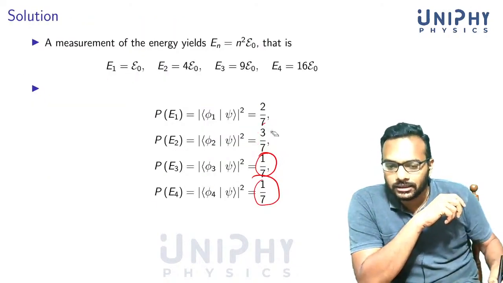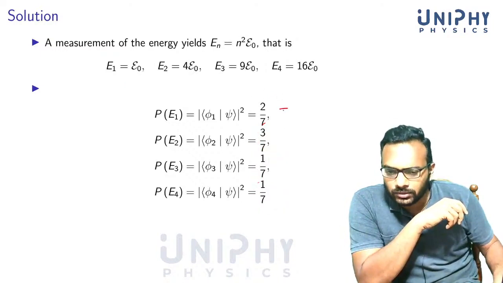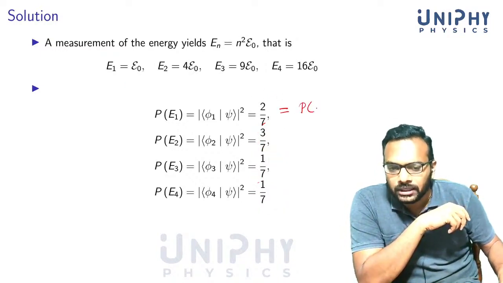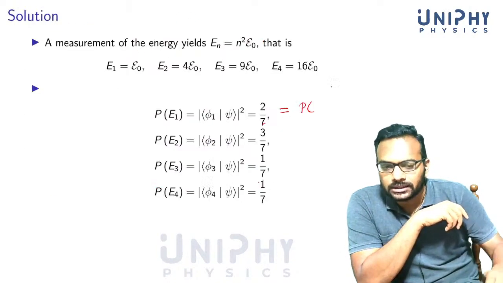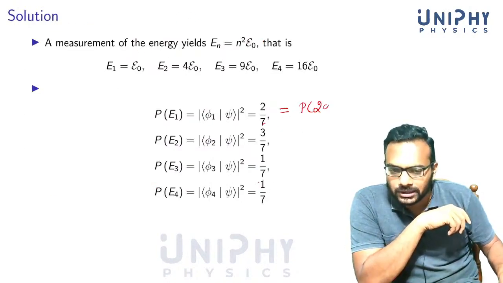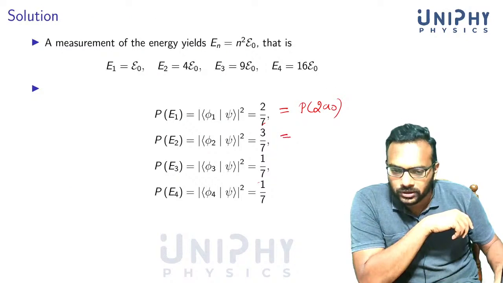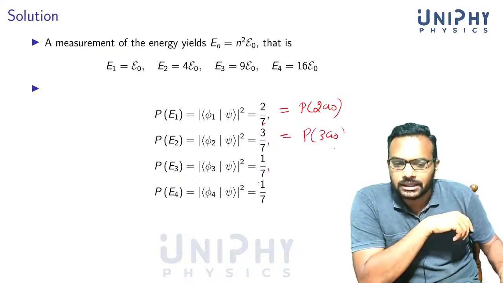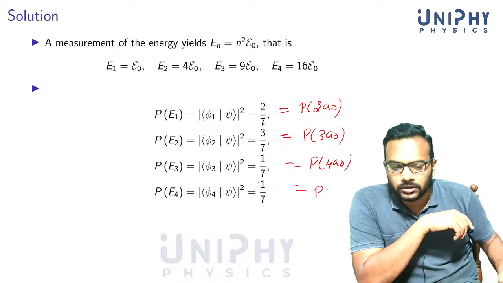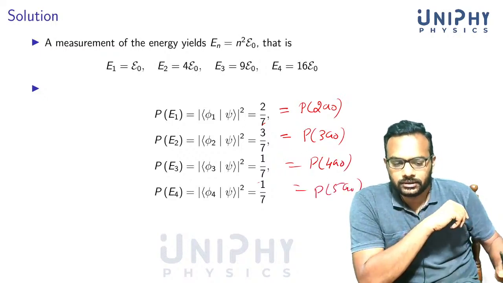The probability of measuring 2 A 0 for the observable A is the same, and so on, up to the probability of 5 A 0.